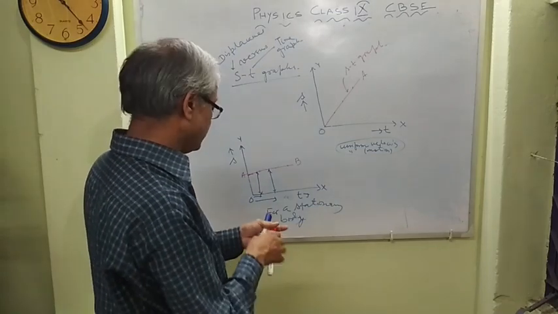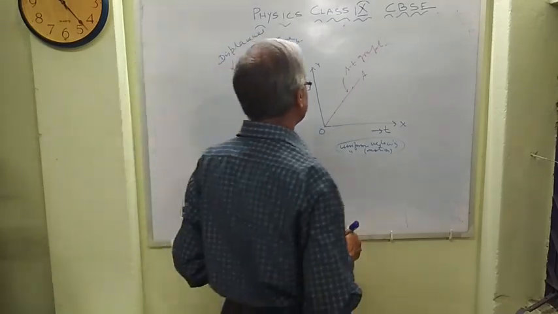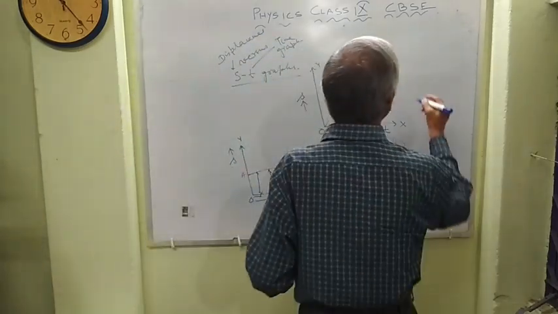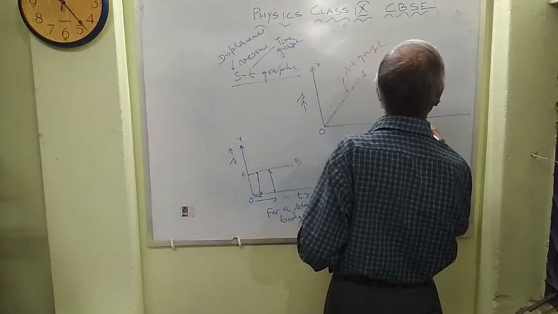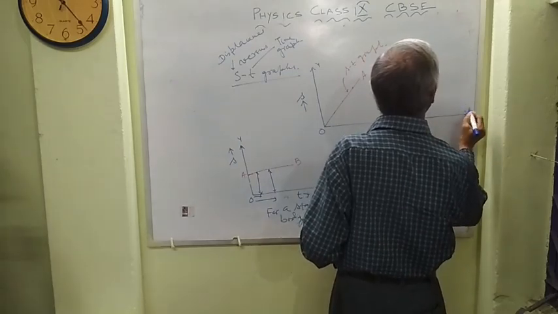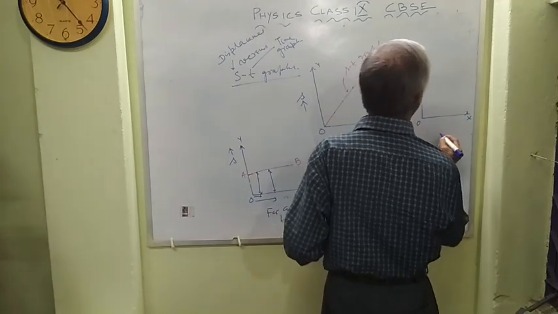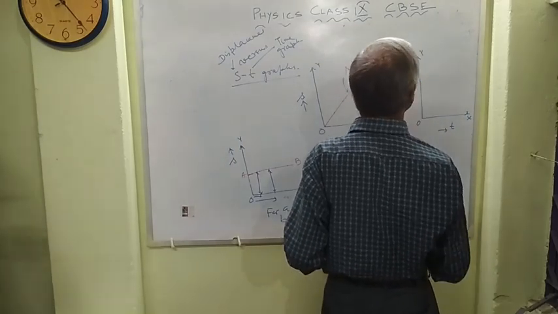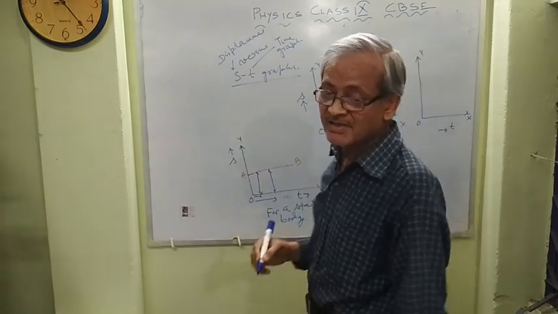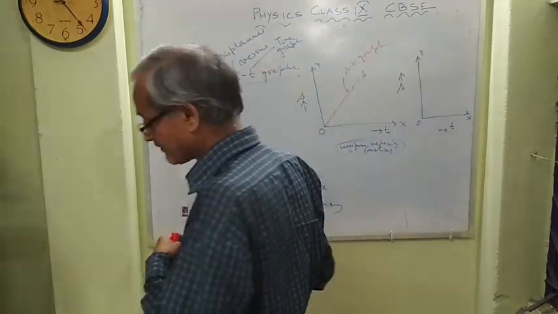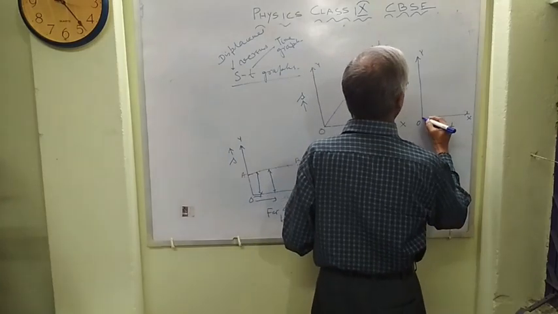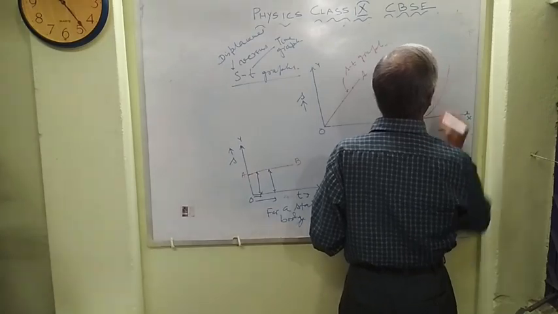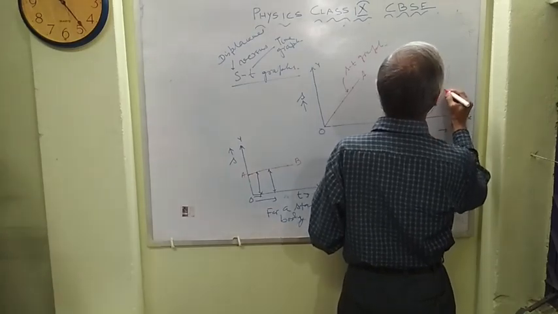For a non-uniform velocity, it will be a curve. In the case of non-uniform, we have OX, OY, time along x-axis, displacement along y-axis. In this case, the graph will be a curved path, like this. That is, the slope changes.